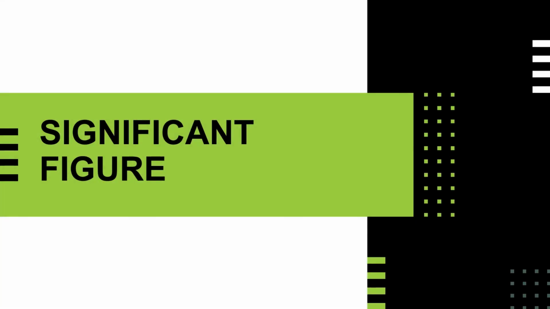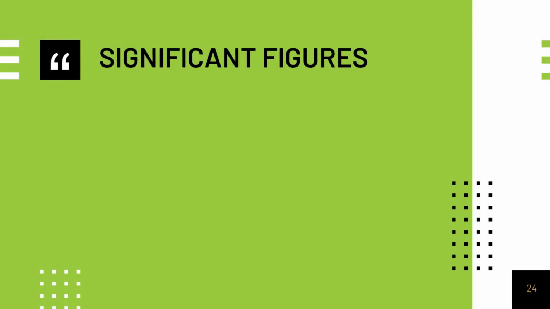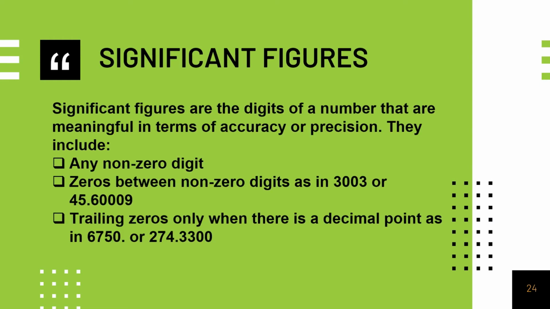Okay, now let's discuss the significant figure. First is, okay, when we say significant figure are the digits of a number that are meaningful in terms of accuracy or precision. They include any non-zero digits. Zeros between non-zero digits as in 3003 or 45.6009. Trailing zeros only when there is a decimal point.